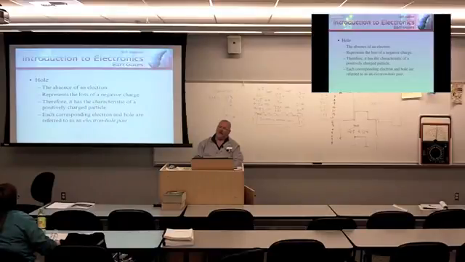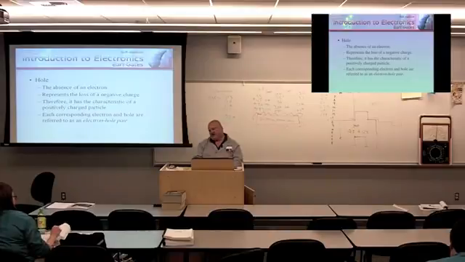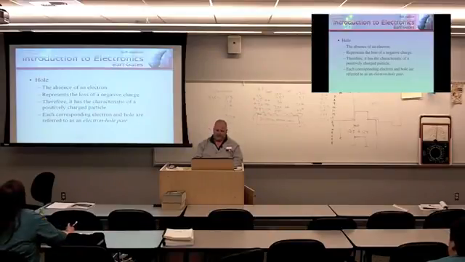If we knock an electron off the valence shell, that means we're left with a positive ion. Positive ion means there's an absence of an electron. The absence of an electron here in our discussion will be signified as a hole. So what it does is it represents the loss of a negative charge. Therefore, it has the characteristic of a positively charged particle.